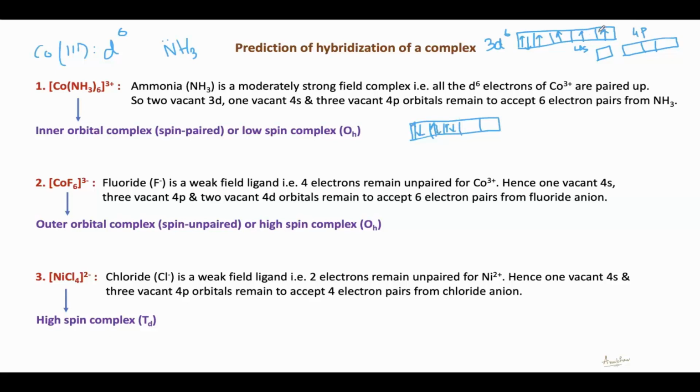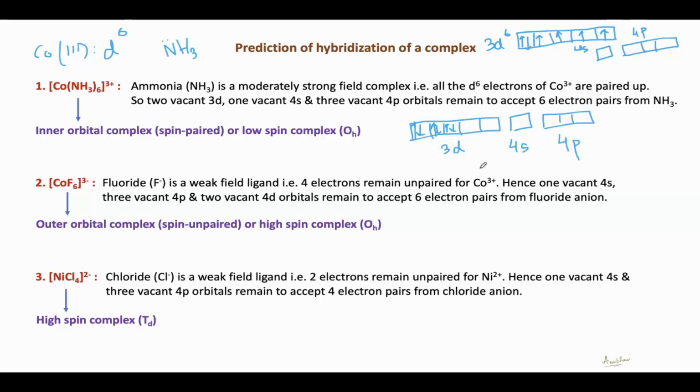So these 2 electrons will get paired up with these 2 electrons and will produce 2 vacant positions in the 3d orbital of the cobalt 3 plus. And still we have these options left. This one is 3d, this one is 4s, and these ones are 4p.